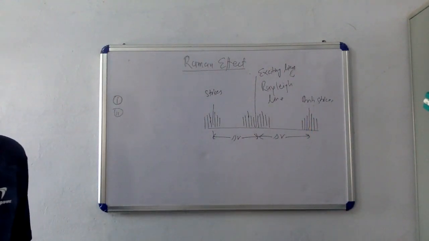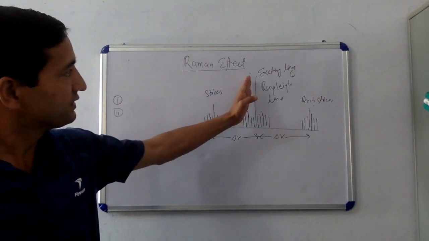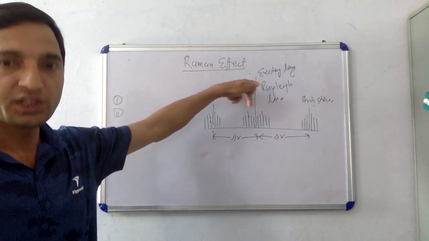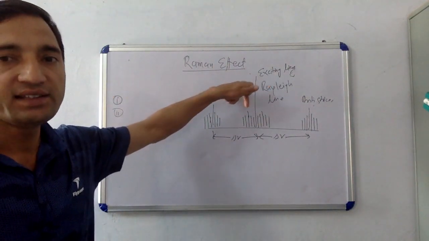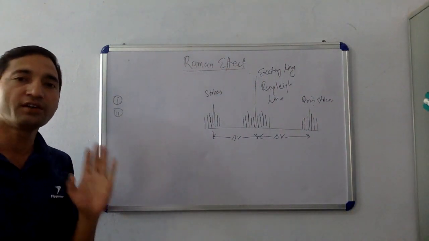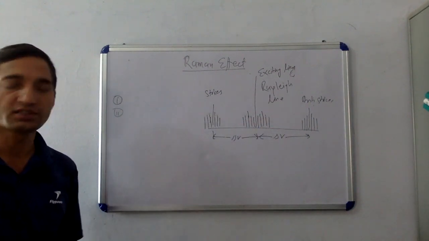Under the high resolution spectrograph, on either side of the Rayleigh line you have these equally spaced lines, and their spacing is approximately twice that of the far infrared observations, showing that they make up the rotational spectrum.